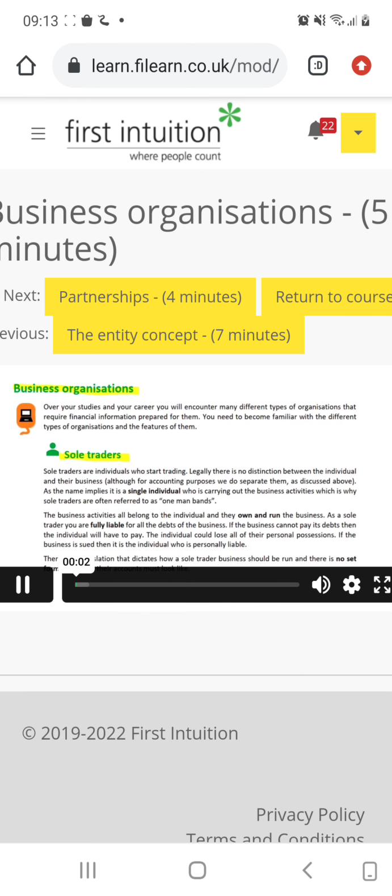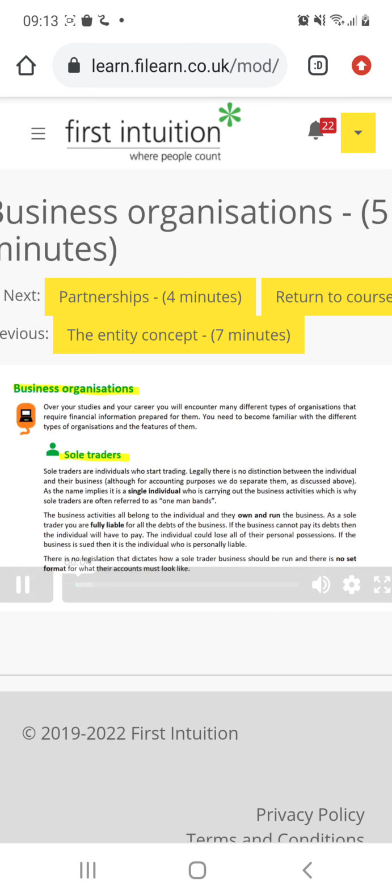Hi. Let's think about this word organisations. What do we mean when we say business organisations? Well, an organisation is a collection of people, and the aim is that they work towards a particular objective.